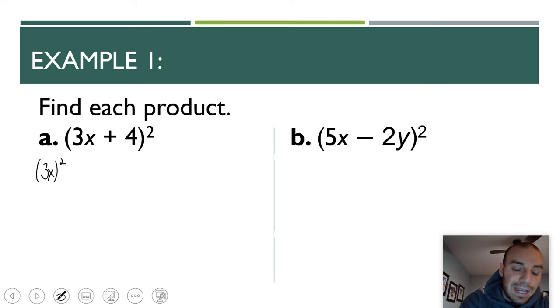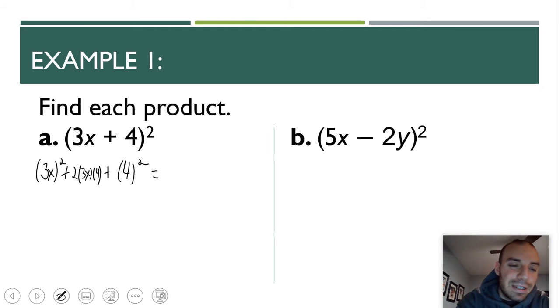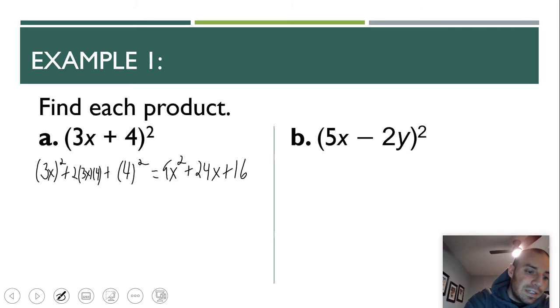If I take my second part and square it, that's 4 squared. And then my middle term is going to be 2 times 3x times 4. You end up getting 9x squared plus 24x plus 16.